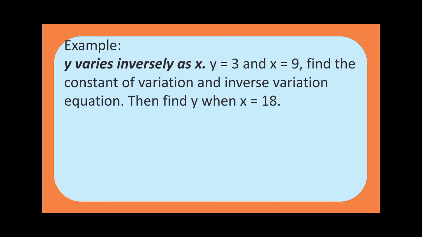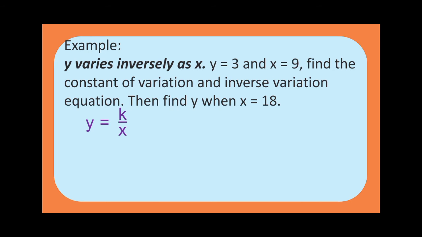Example number 2, y varies inversely as x. Y is equal to 3 and x is equal to 9. Find the constant of variation and the inverse variation equation. Then find y when x is equal to 18. So again, we have the formula y is equal to k over x.